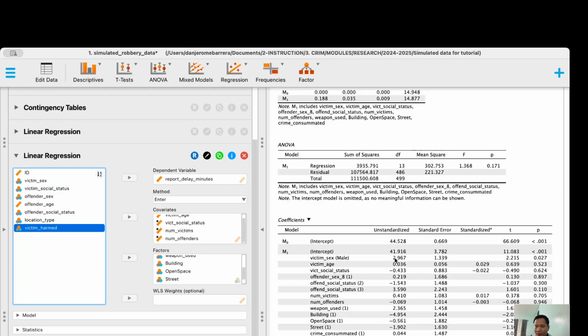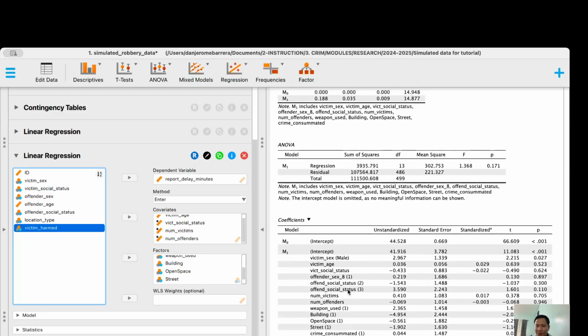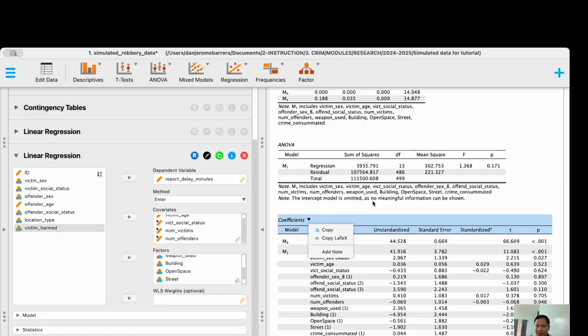Or the reverse is if the victim is female, the reporting delay is decreased. So that's the interpretation of the table. So this is the table of coefficient. So you can copy it and paste it in your Word.